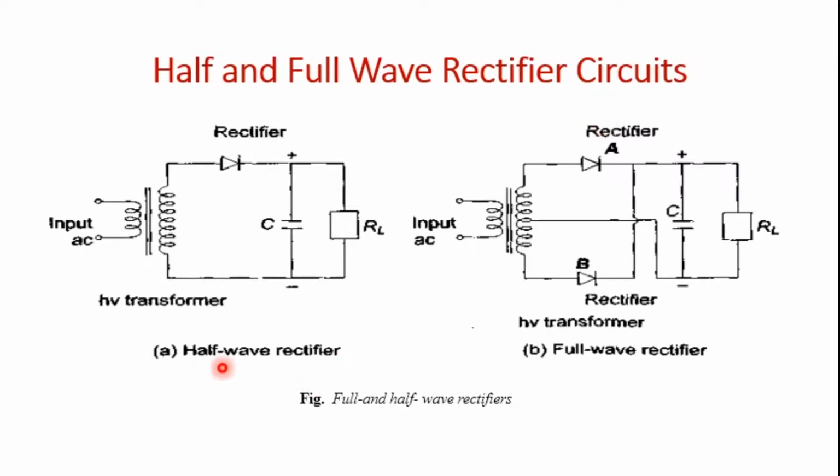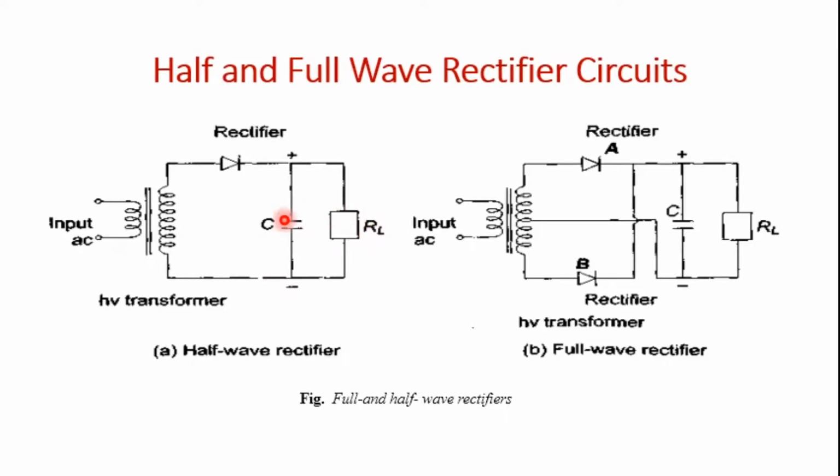Coming to the half wave rectifier device, the capacitor is charged to V maximum, the peak value of the AC voltage of the secondary of the high voltage transformer, in the conducting half cycle. In the other half cycle, the capacitor is discharged into the load.